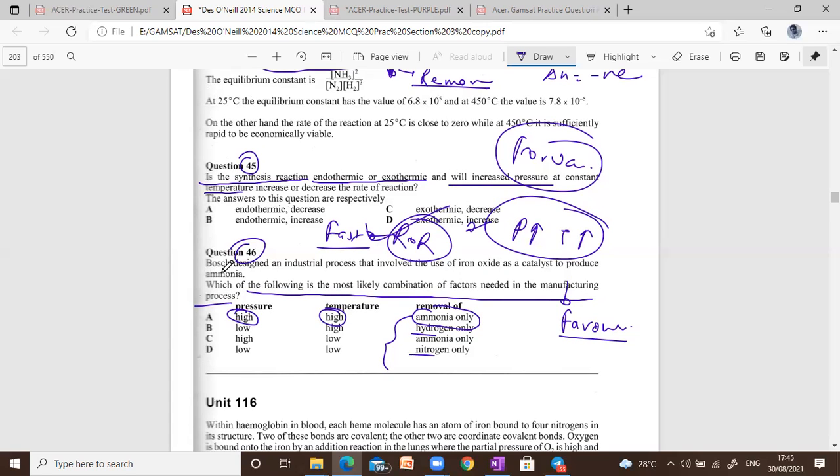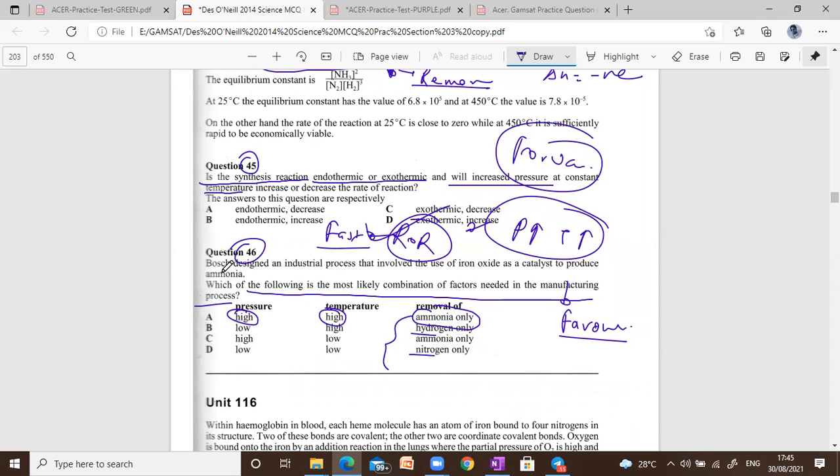You cannot correlate high temperature with the reactant having lower temperature so the reaction moves in that direction. No. You should correlate temperature with rate of reaction whenever it is asked in terms of manufacturing process or favorable conditions. Any doubt?